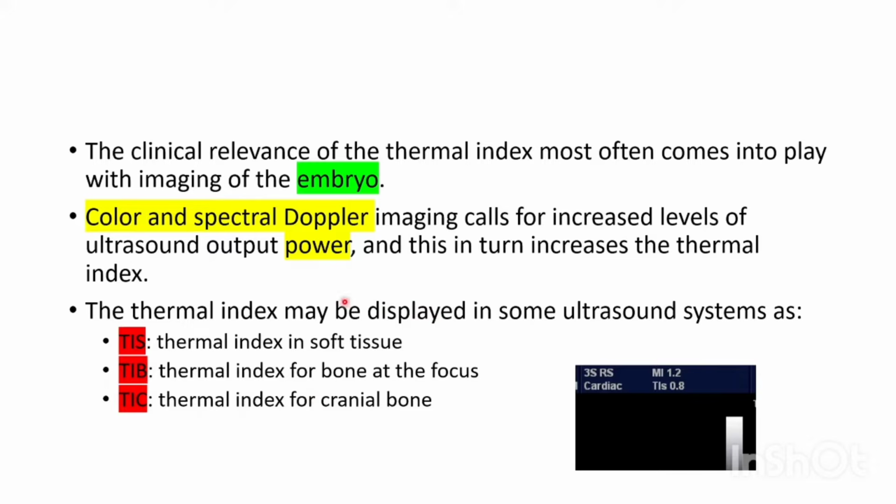But this thermal index comes of significance when we are doing fetal echo or embryo ultrasound, because there it can play a significant role. So we have to bother about the thermal index when we are doing a fetal echo. TIS stands for soft tissue, TIB stands for bone, and TIC stands for cranial bone. So based on the part which you're scanning, it will show TIS, B or C like that on the echo machine.